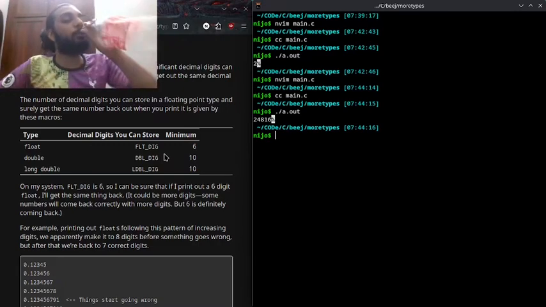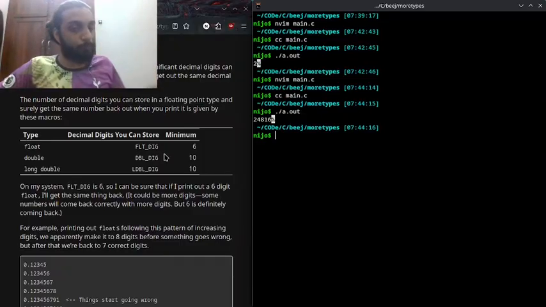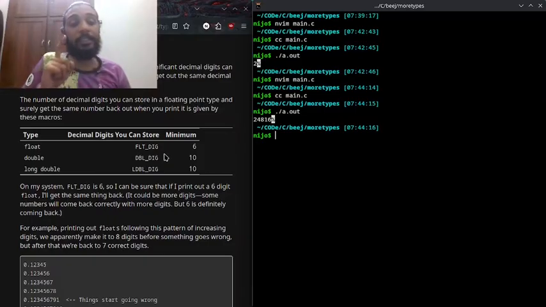The number of decimal digits you can store in a floating point type and surely get the same number back out when you print it is given by these macros. So let's print those guys.